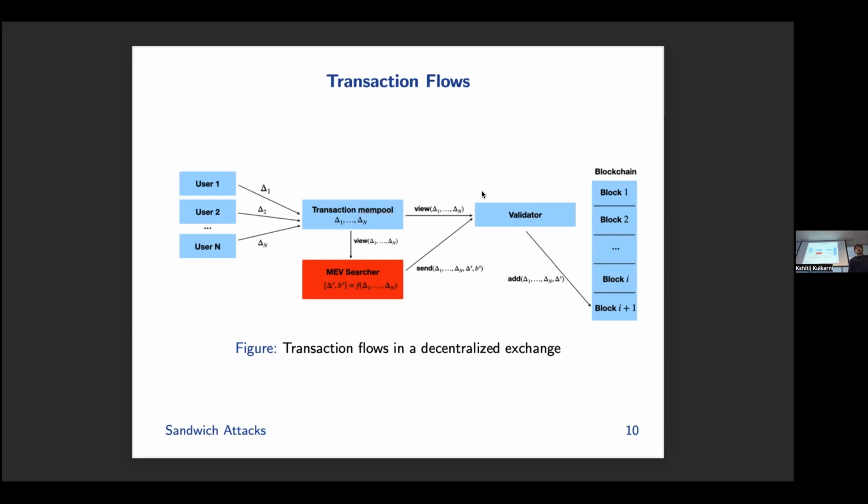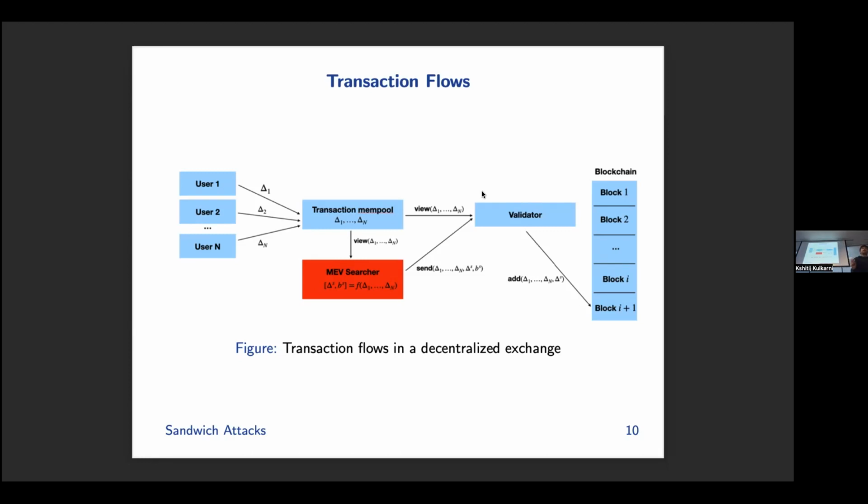The one responsibility the validator has in particular is deciding the ordering of these transactions. That is, maybe you might want to execute trade delta 1 before trade delta 5, for example.